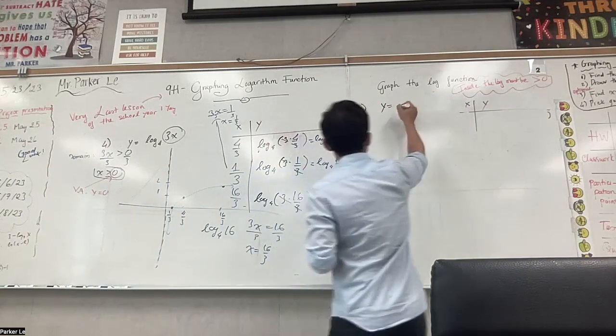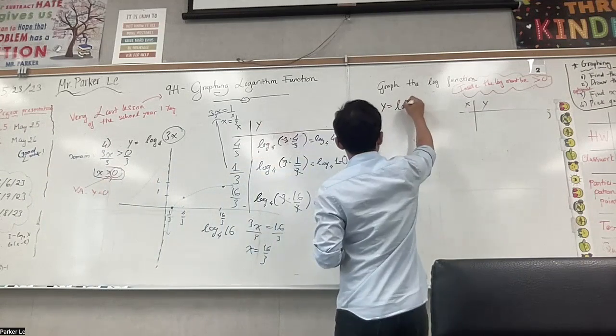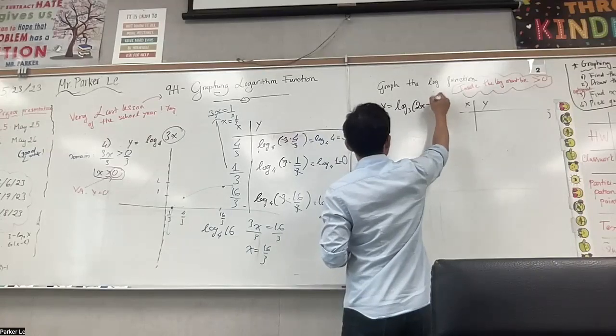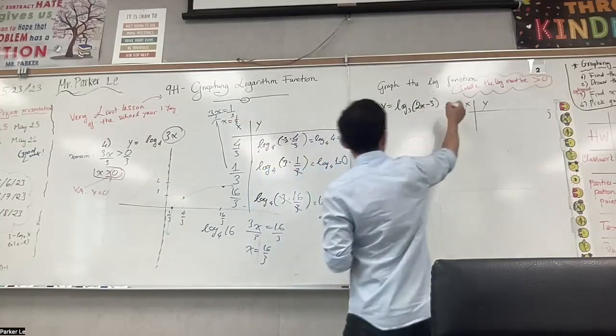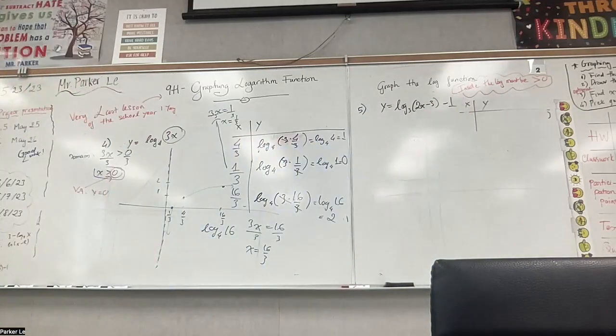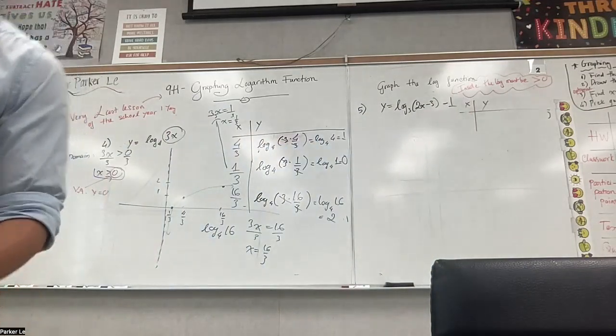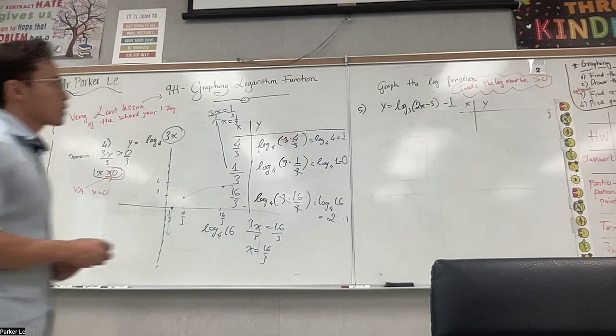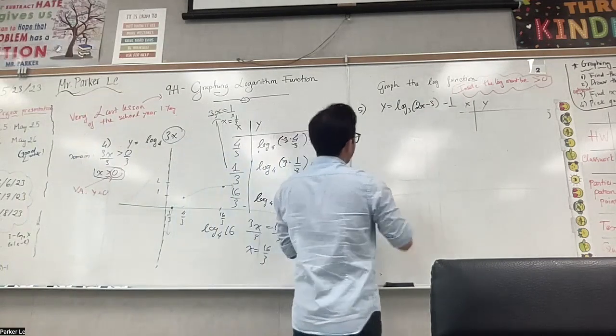Okay, number 5. Log base 3 of 2x minus 3, minus 1. Okay, what is the remaining?